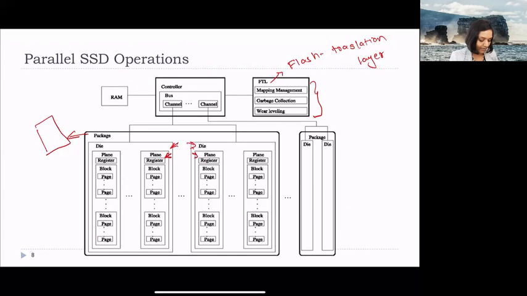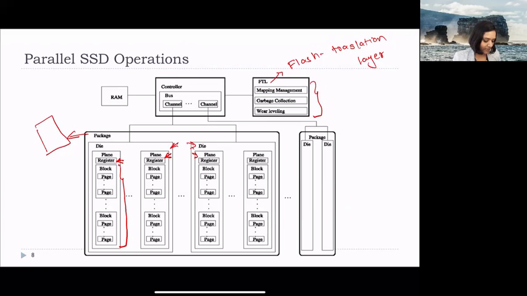Each plane has its own registers, and it consists of multiple blocks. And as we already know, each block has multiple pages. So just imagine the hierarchy and the parallelism that you can exploit because of the architecture of this hierarchy, right?